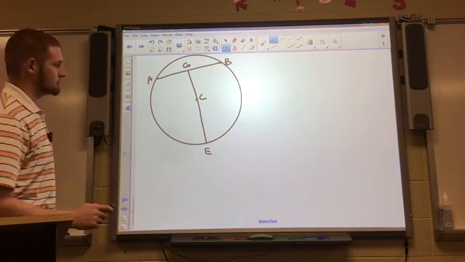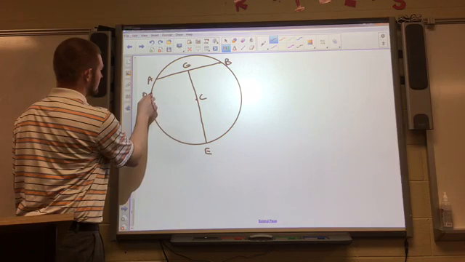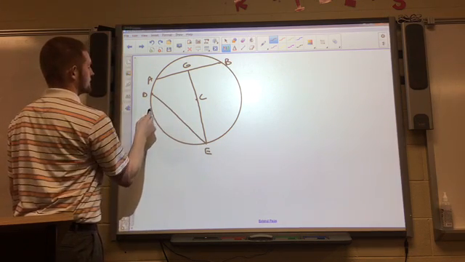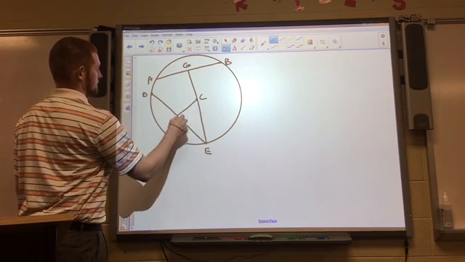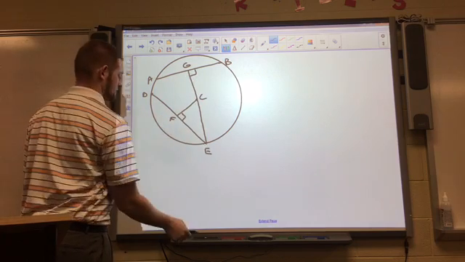I have GCE, and I have D. And right here is F. And those are right angles.